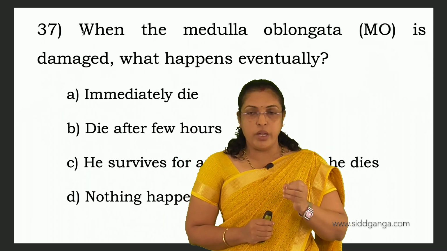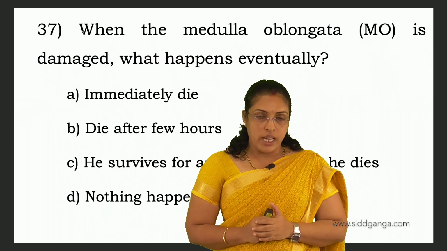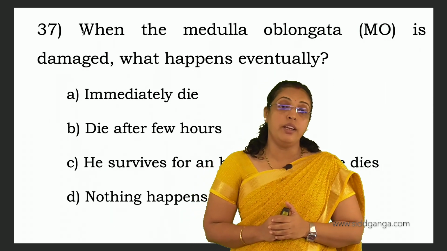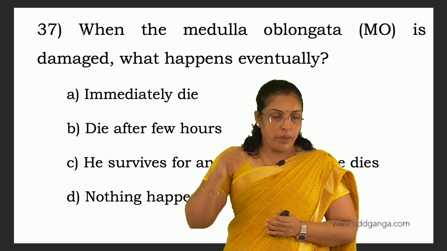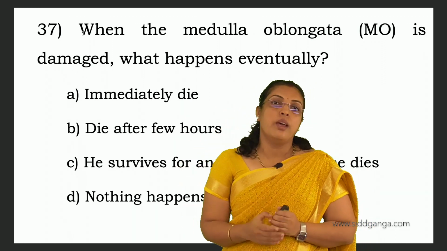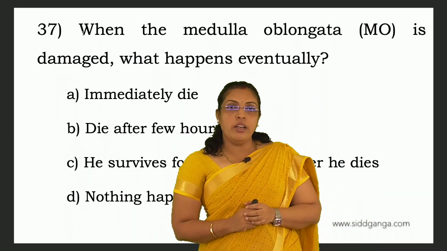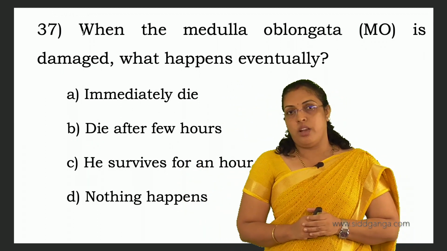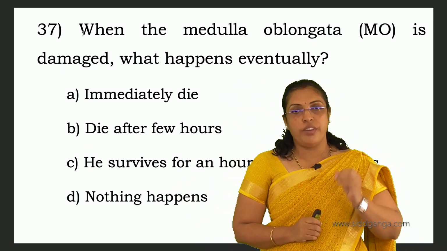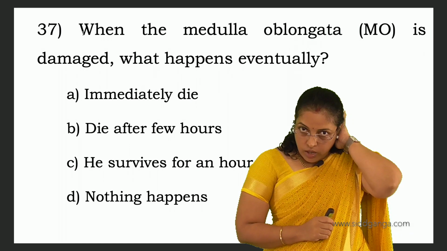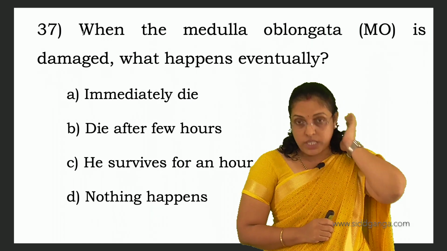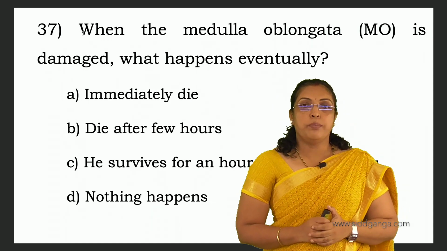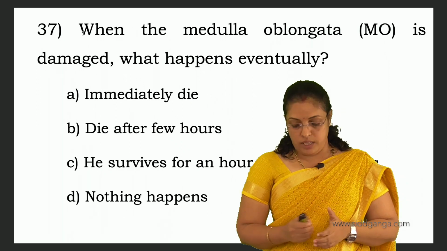When damage to the medulla oblongata occurs, the person is going to die immediately because the medulla oblongata controls respiration and cardiovascular function. It lies below the occipital lobe, so the person is going to die immediately.